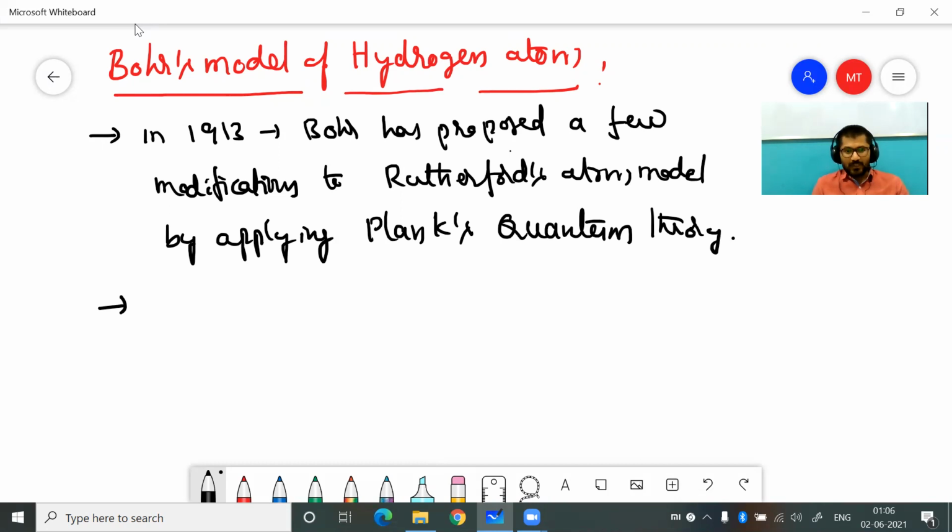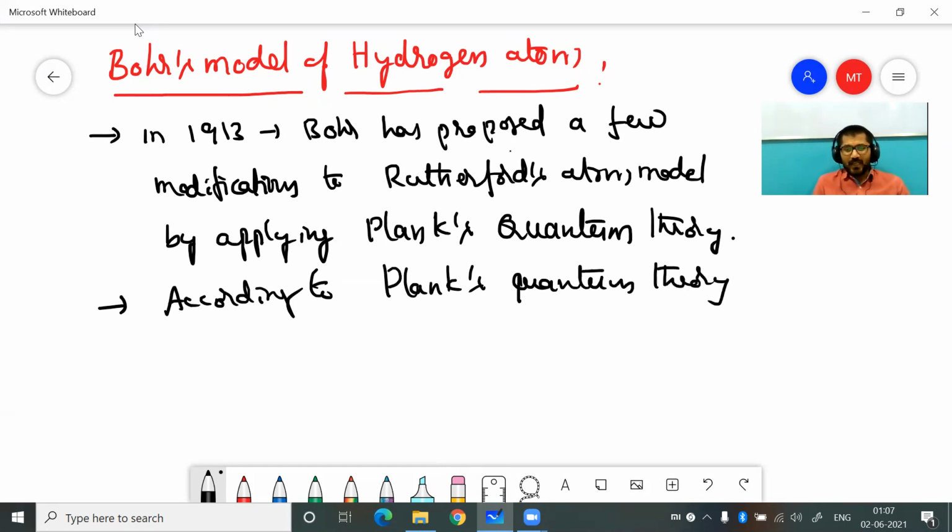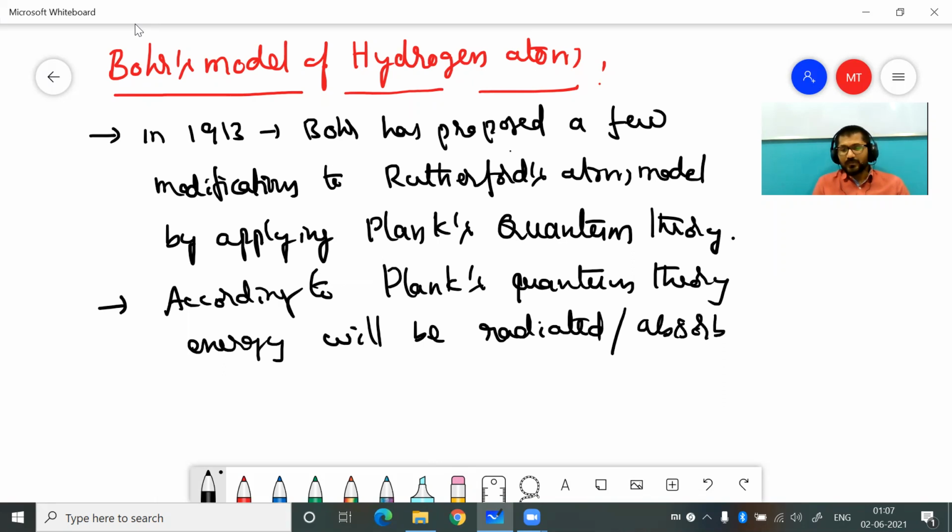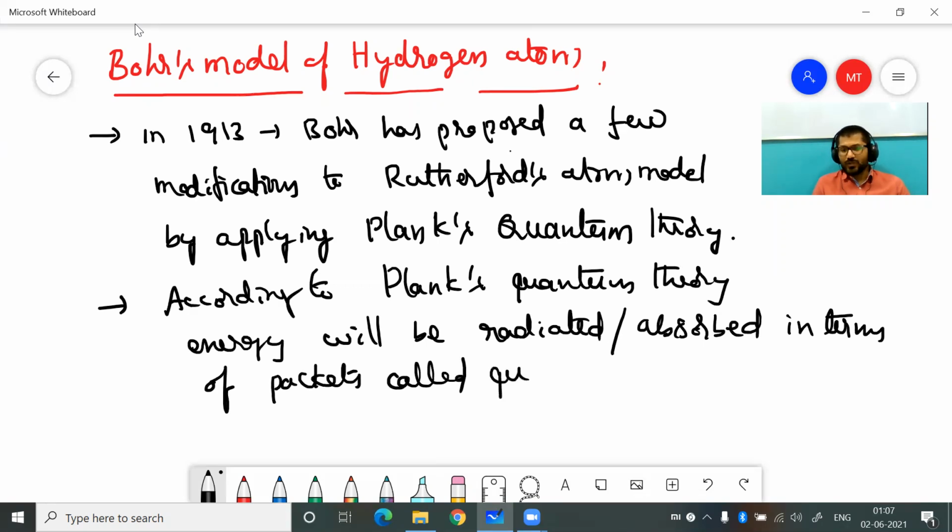So according to Planck's quantum theory, energy will be radiated or absorbed in terms of packets called quanta or photons.